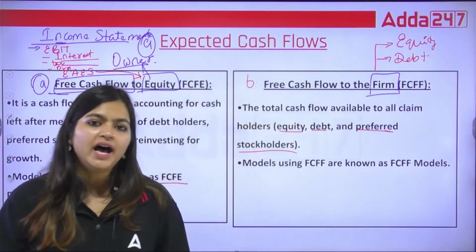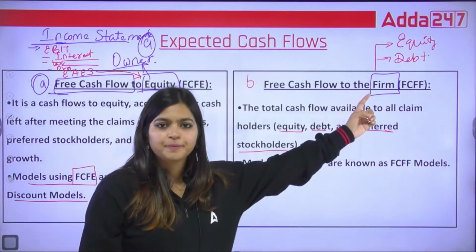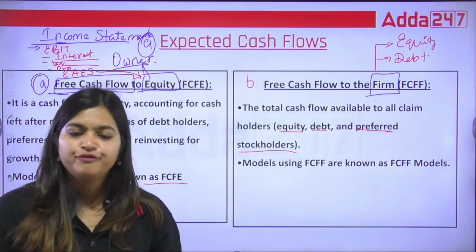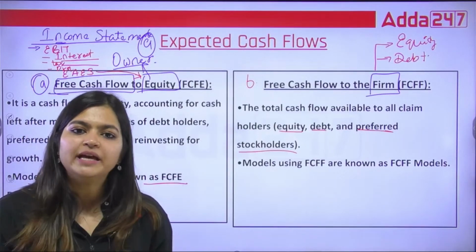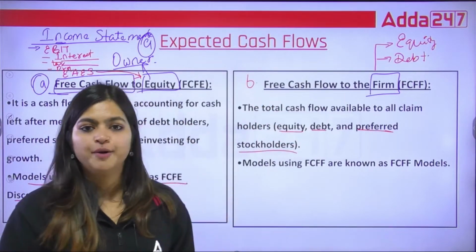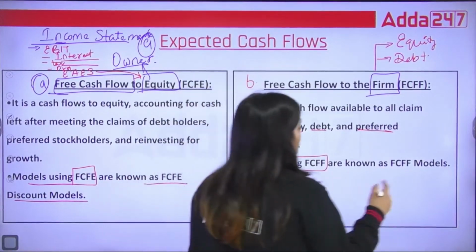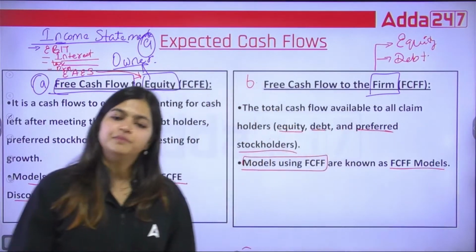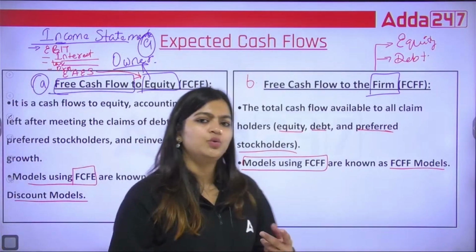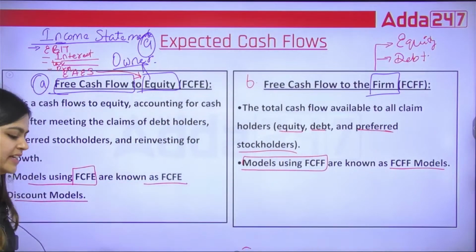When you calculate the total amount for the firm, before deducting the interest, before deducting the preference, before deducting the equity amount, that is your free cash flows to the firm. And the models we are using for FCFF, we call the FCFF model. I hope this is clear. So these are the two ways you can calculate the cash flows. Don't worry, we are going to see the example also.